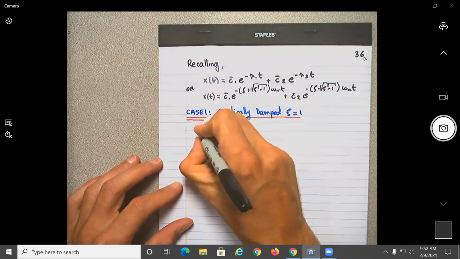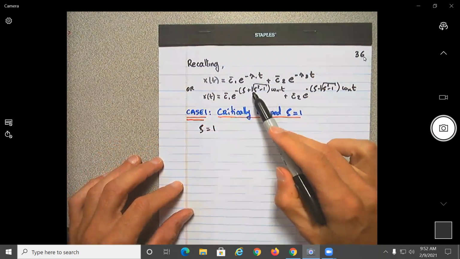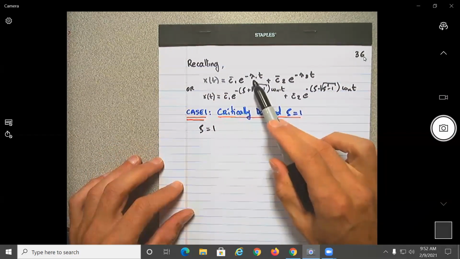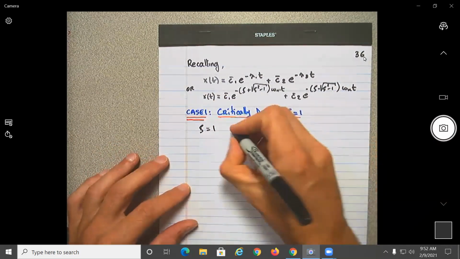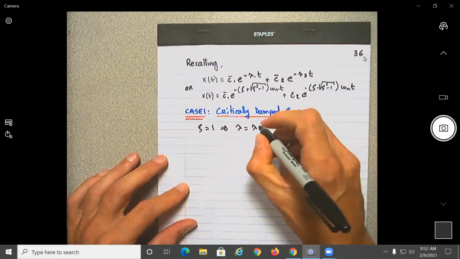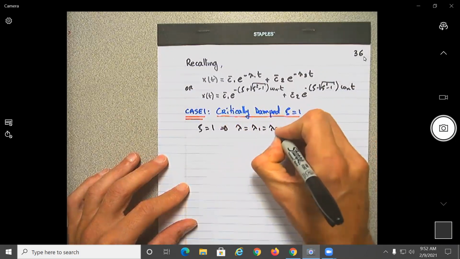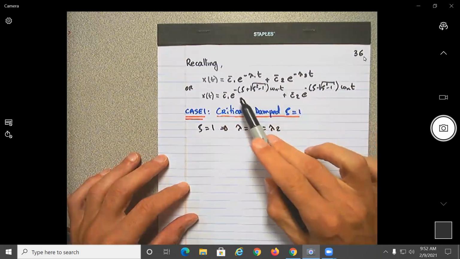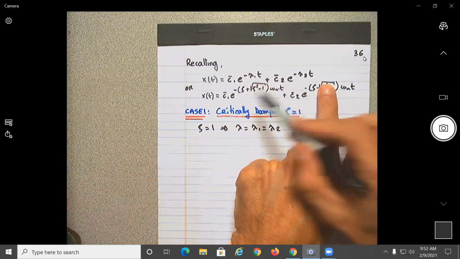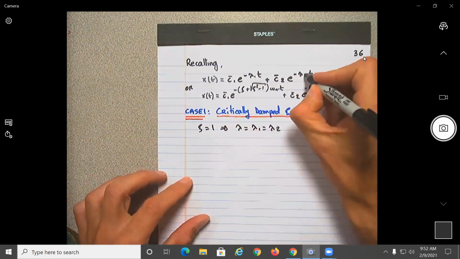When zeta equals 1, you see the term within the square root goes to 0. If you compare this one to this one, it's like saying that there's only one lambda, lambda 1 equal to lambda 2, no? We are just left with this term being 0, so we have twice the same one, which is the same as lambda 1 equal to lambda 2 over here.